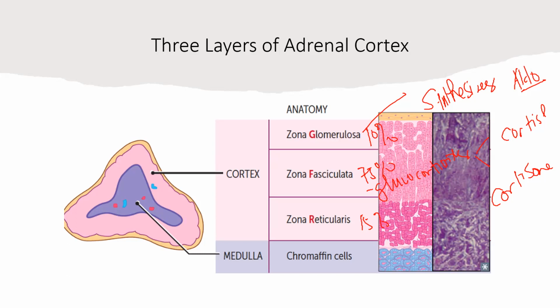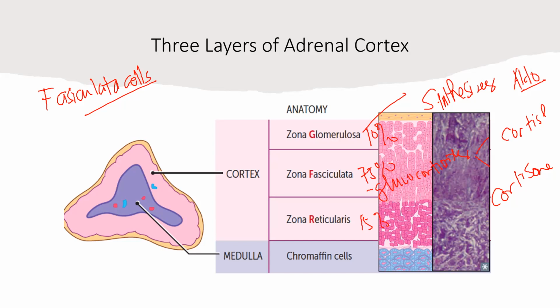Okay? By the way, before I forget, we also have what we call the fasciculata cells. What is with fasciculata cells? Okay? When we say fasciculata cells, these are cords of clear cells with a high cytoplasmic to nuclear ratio, as opposed to our glomerulosa cells, no?